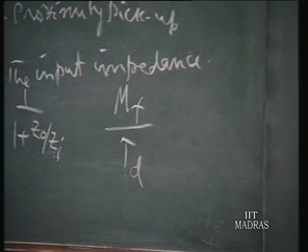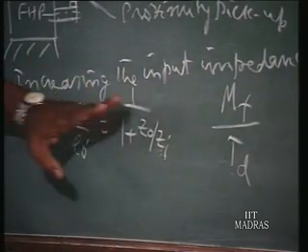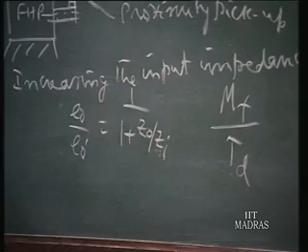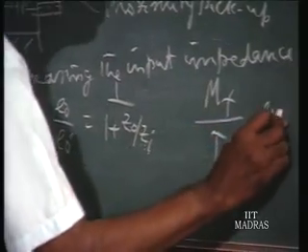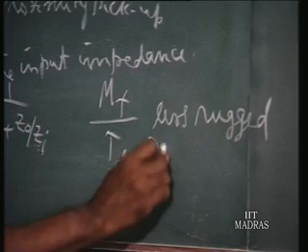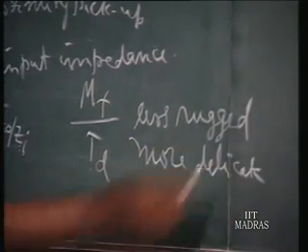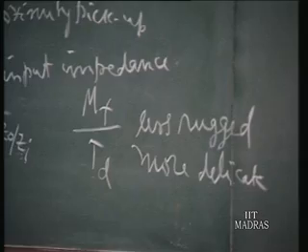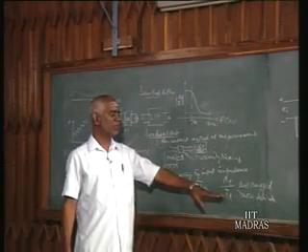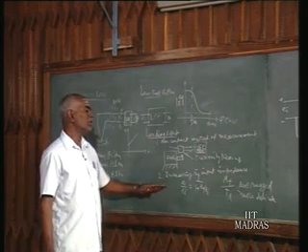Also, since the amount of torque handled is smaller, the instrument has become less rugged and more delicate. So in order to have a larger impedance, what you achieved finally is a less rugged, more delicate instrument, and they are normally to be handled very carefully.